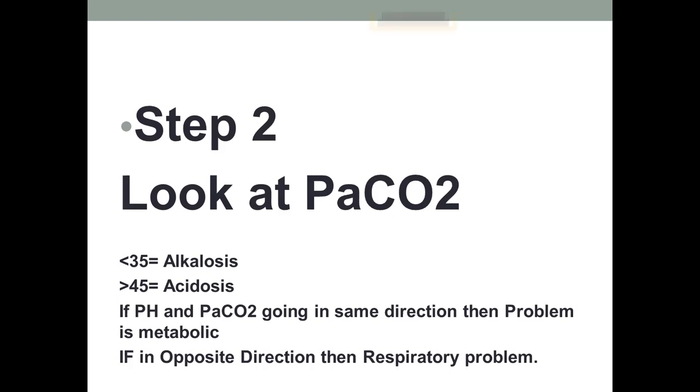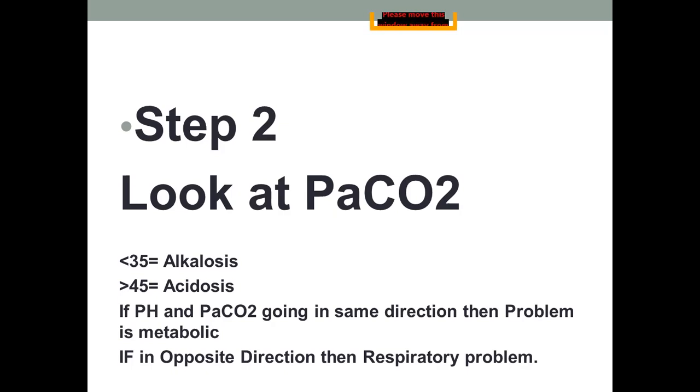Now moving towards step two, which is to look at the partial pressure of carbon dioxide. If carbon dioxide is less than 35, this is alkalosis, because carbon dioxide is an acidic gas. When the level of carbon dioxide decreases in the blood, the patient is moving towards alkalosis. And if the level of carbon dioxide is increasing, more than 45, this is acidosis.